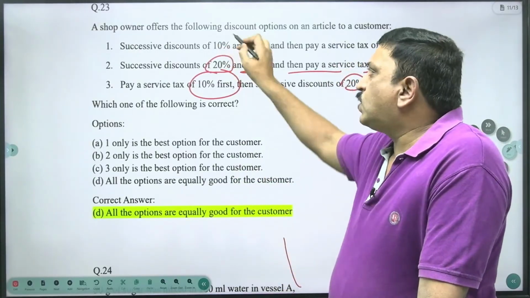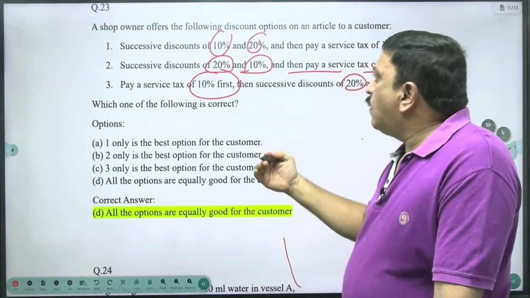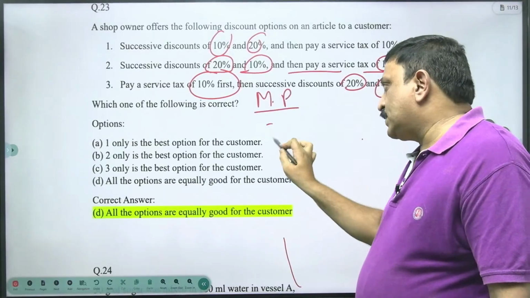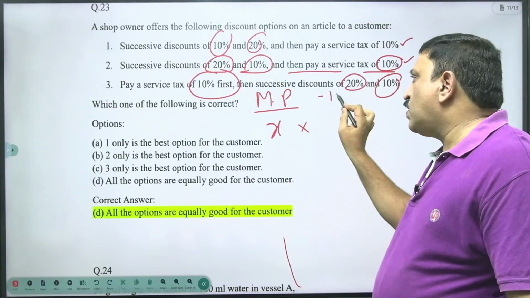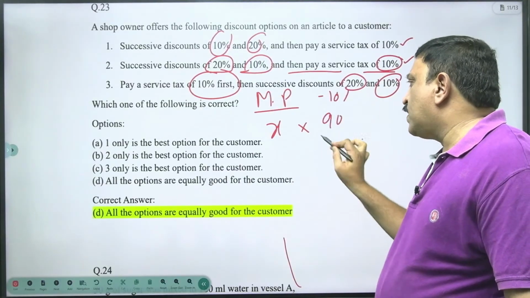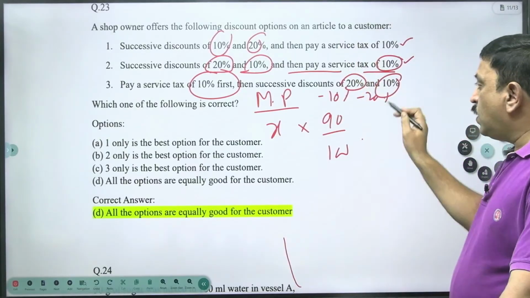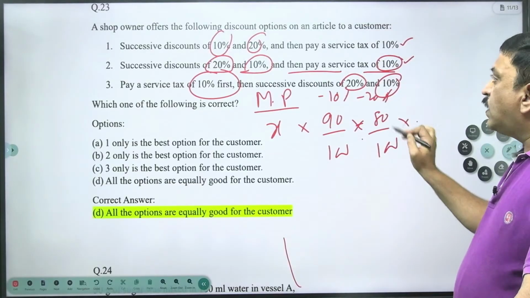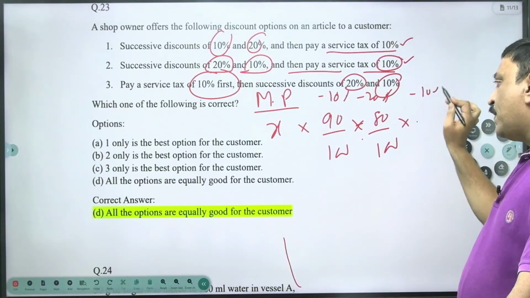See, if you learn the shortcuts, it will be different. But when you learn about it, the marked price is always taken as x. A discount of 10% means the remaining fraction is 90 by 100. A 20% discount means the successive rate is 80 by 100. And finally, paying a service tax of 10% means it is 110 by 100.